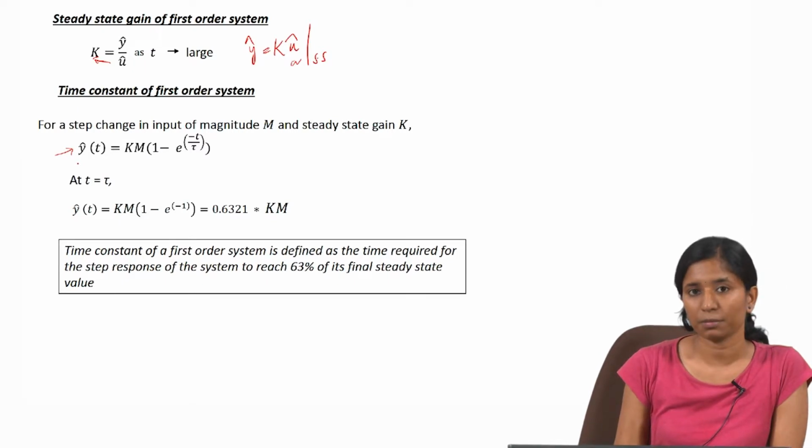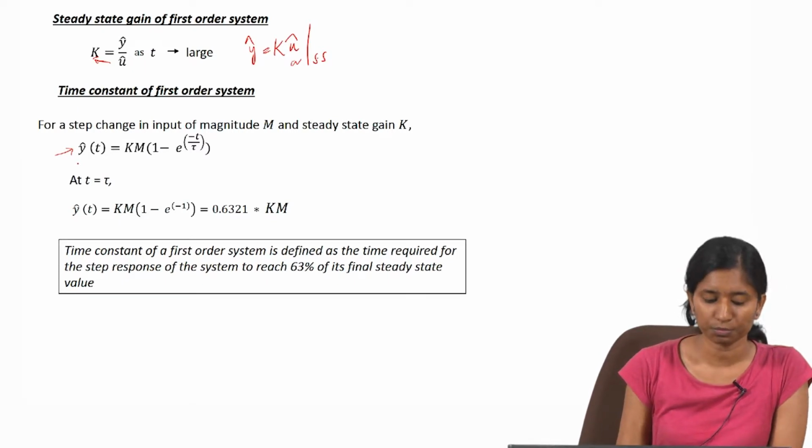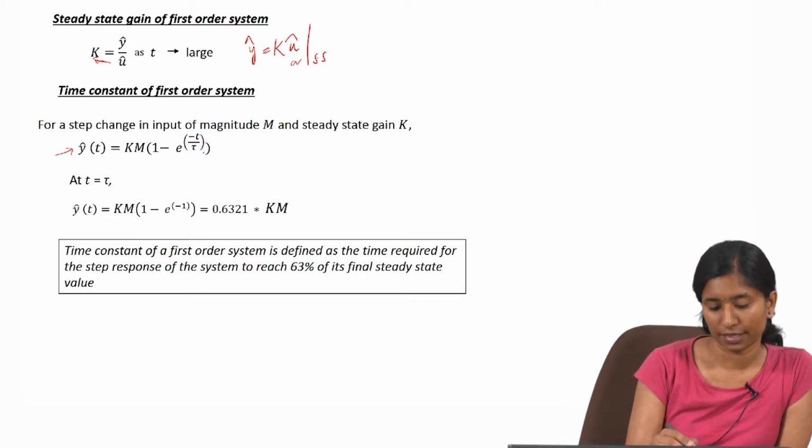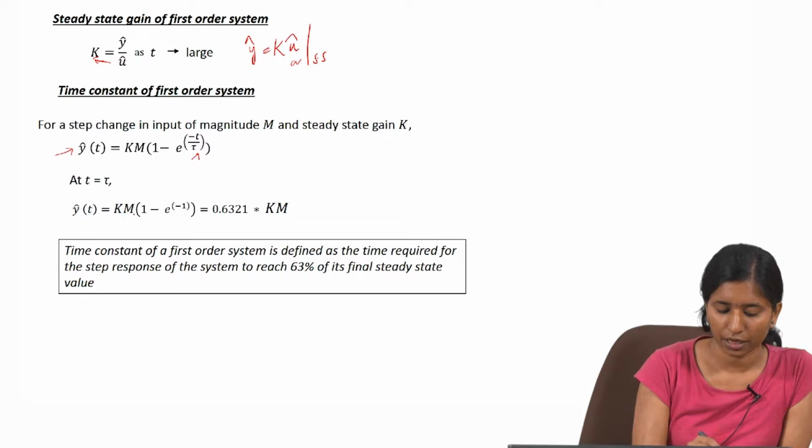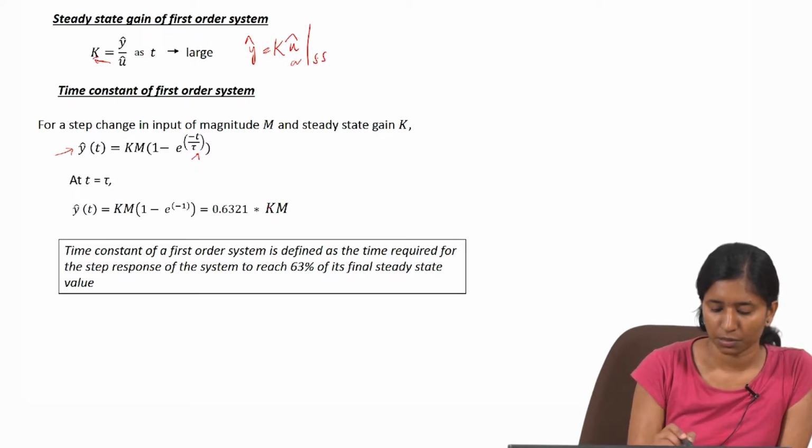If time is equal to the time constant tau, let us substitute and see how the equation will be. If we substitute t equal to tau, then we get k times m into 1 minus e raised to minus 1, that is equal to 0.6321 times k into m.